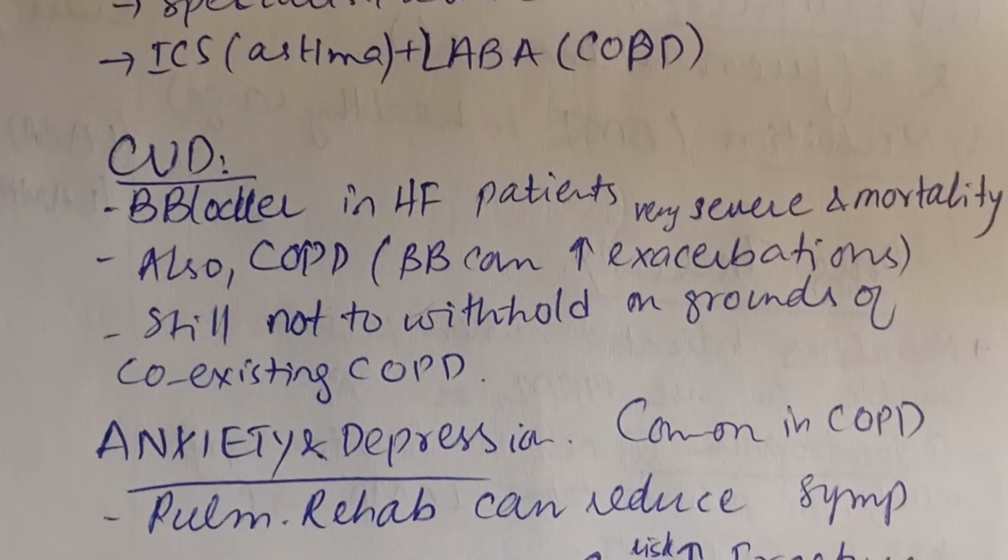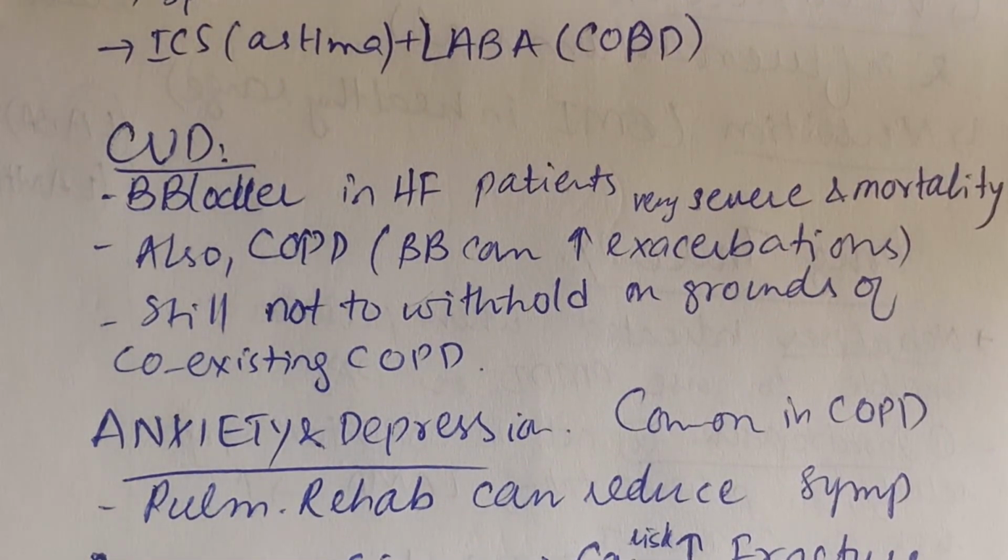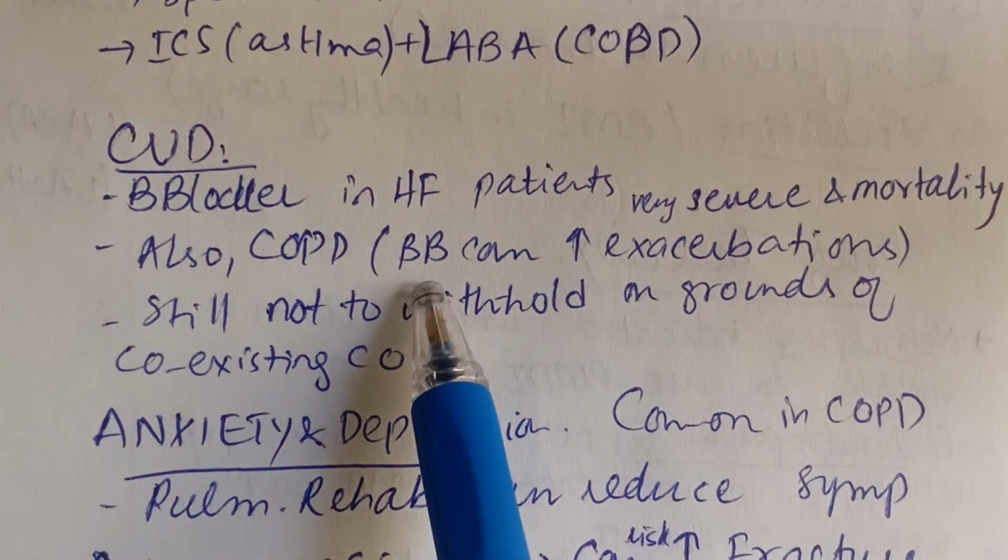Now, if the patient has a comorbidity of heart failure or cardiovascular disease, and if the patient has heart failure with reduced ejection fraction, heart failure patients are advised beta blockers.